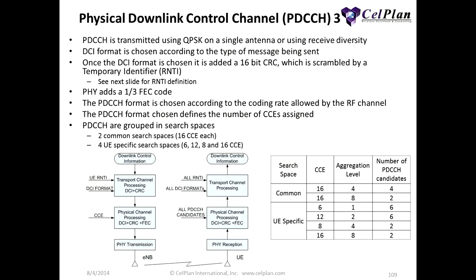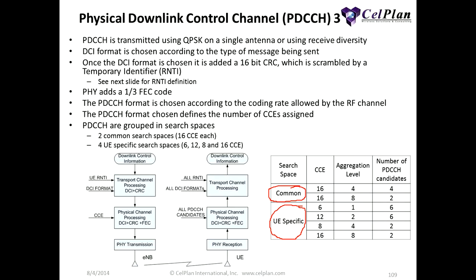To simplify this, to minimize this processing that eats a lot of UE battery, what was decided is that 3GPP said, okay, let's divide the CCEs in two search spaces. One we call a common search space and another a UE specific search space. The common search space will have some CCEs that will be used mainly for broadcasting, for addressing UEs for the first time, and so on.